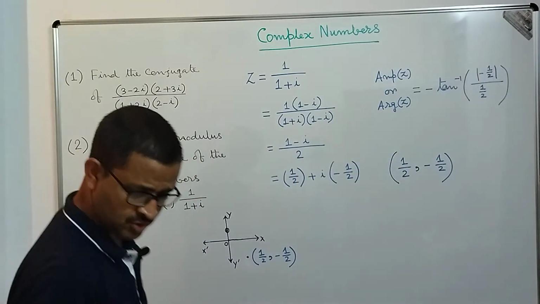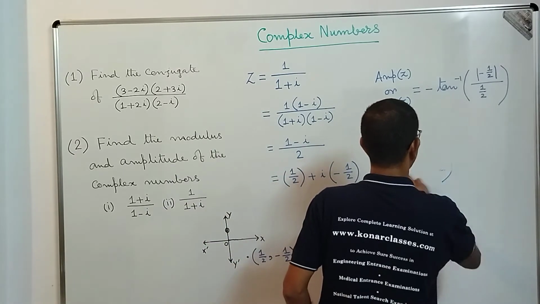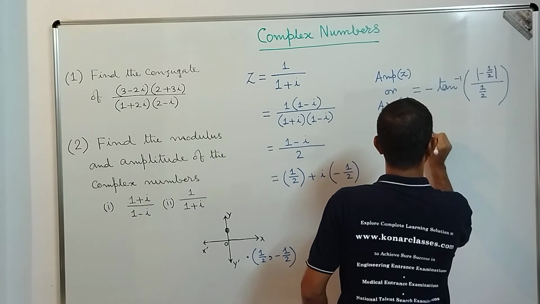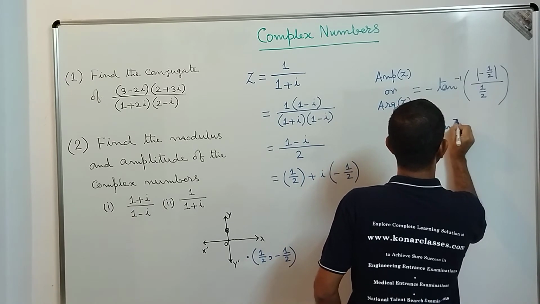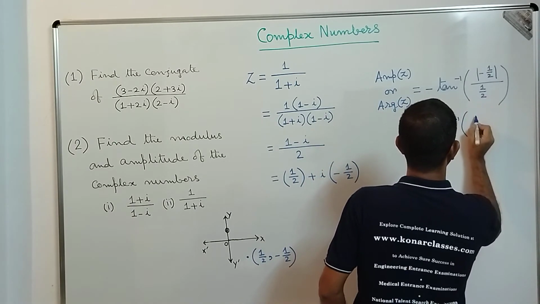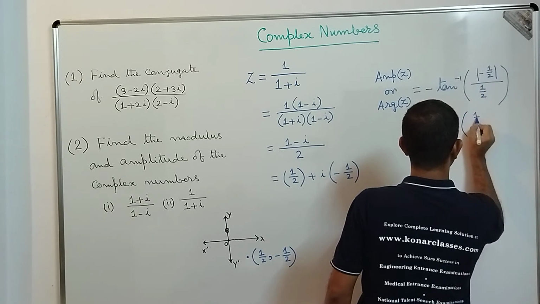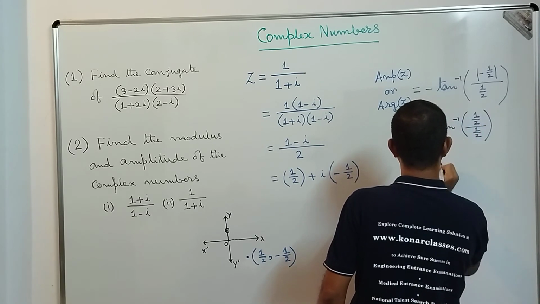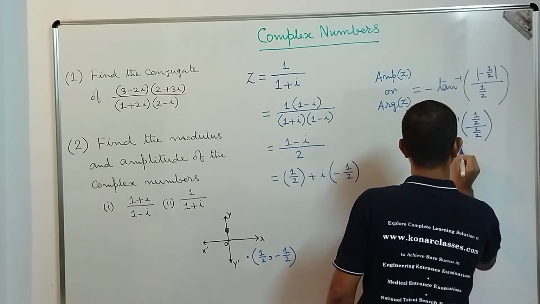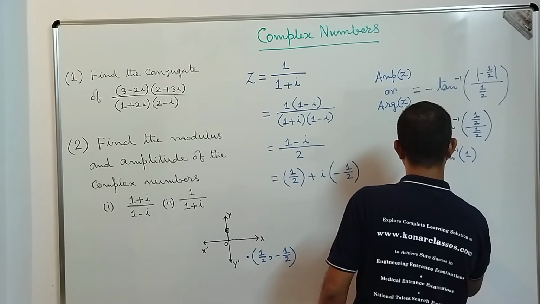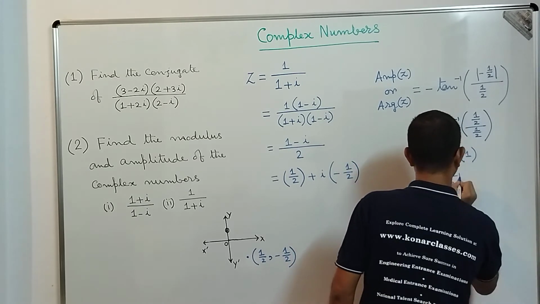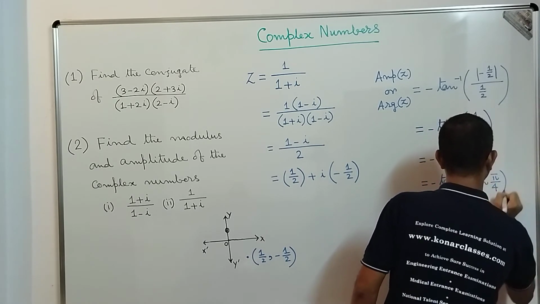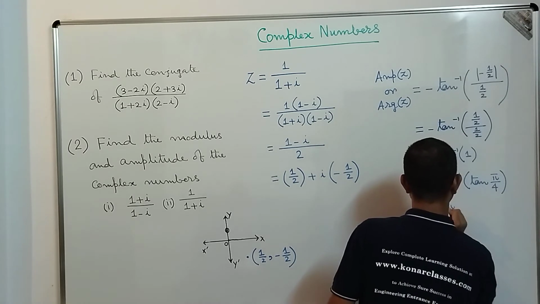Now how can we find this value? So this is equal to minus of tan inverse of mod of minus half, which is half, divided by half, so that is equal to minus of tan inverse of 1, which is equal to minus of tan inverse of tan pi by 4, because tan pi by 4 is 1, so that is equal to minus pi by 4.